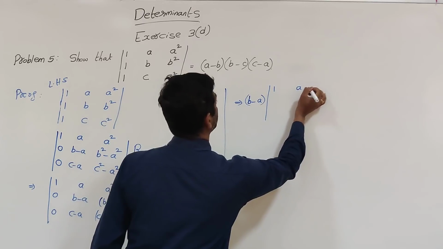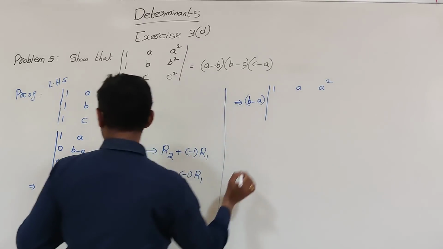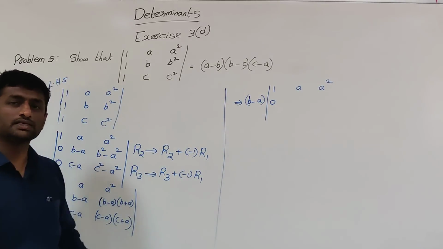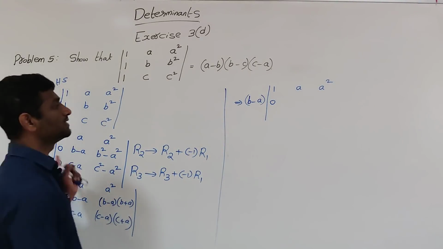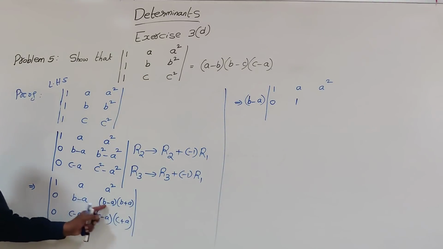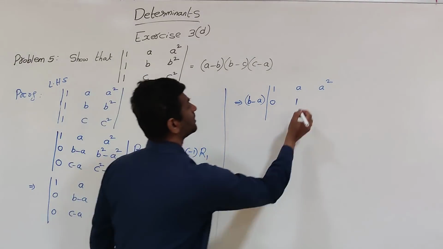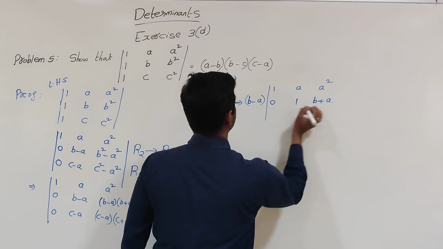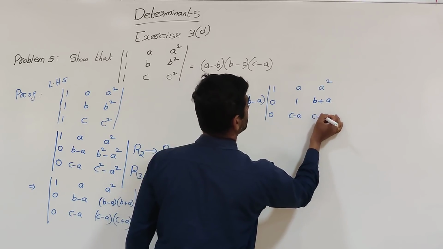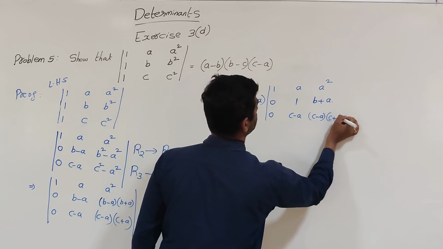So once I take b minus a out, what will be the determinant? 1, a square; 0 will be 0. 0 into b minus a is again 0. So b minus a is out, it will be b minus a into 1, and it will be left over with b plus a. Next, 0, c minus a into c plus a.